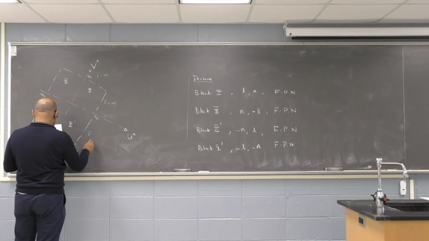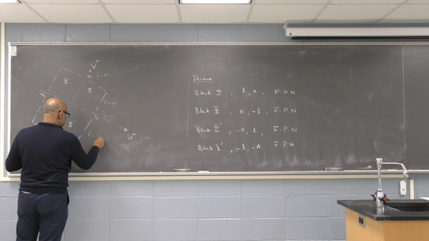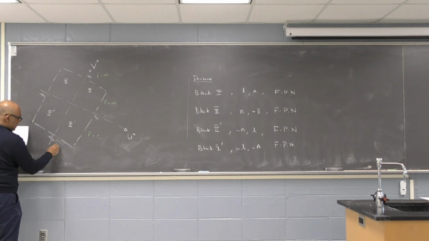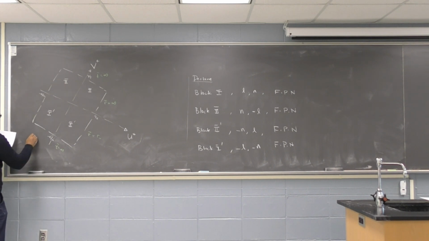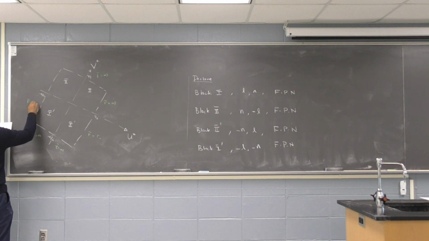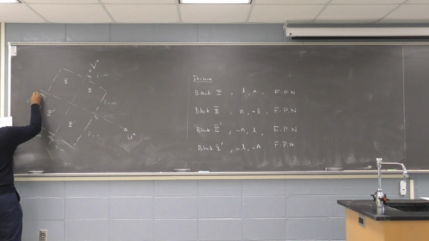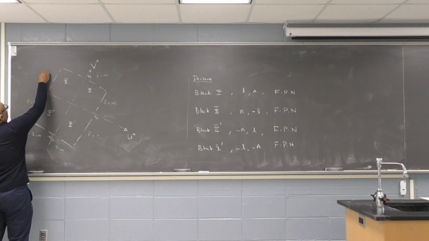And I want you to be somewhat in disbelief at this diagram. T bar equals infinity, T bar equals infinity, R bar equals infinity, and R bar equals R minus.